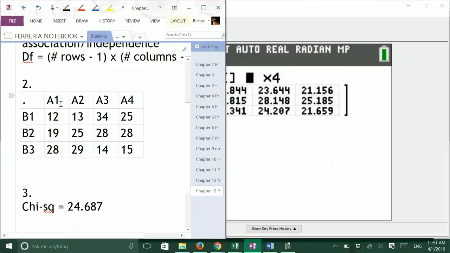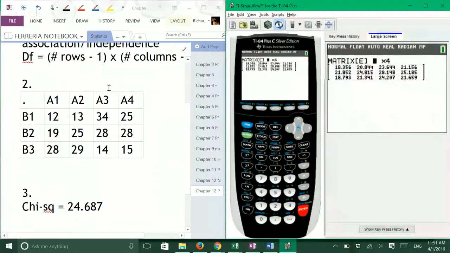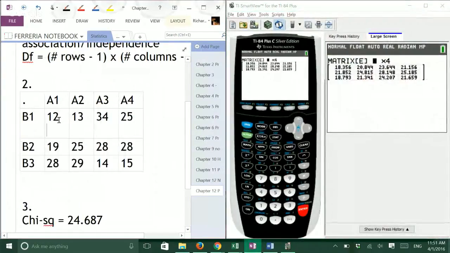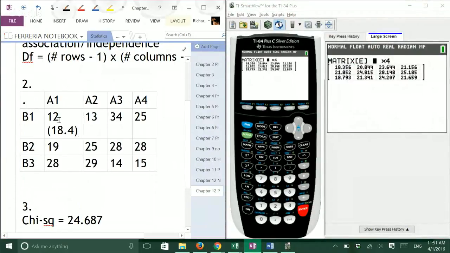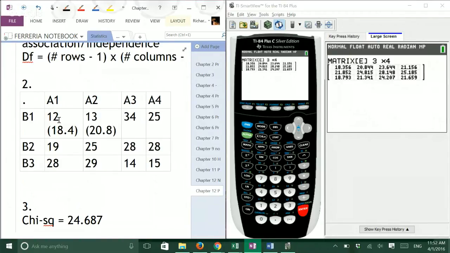Actually, let's just use the power of computing here. 18.4, 20.8, 23.6.